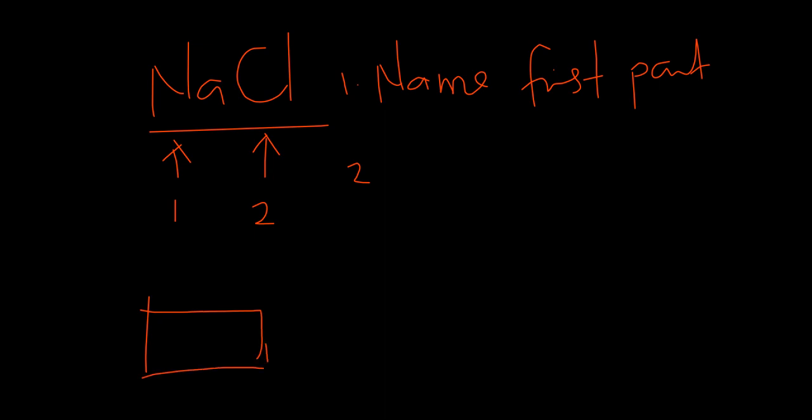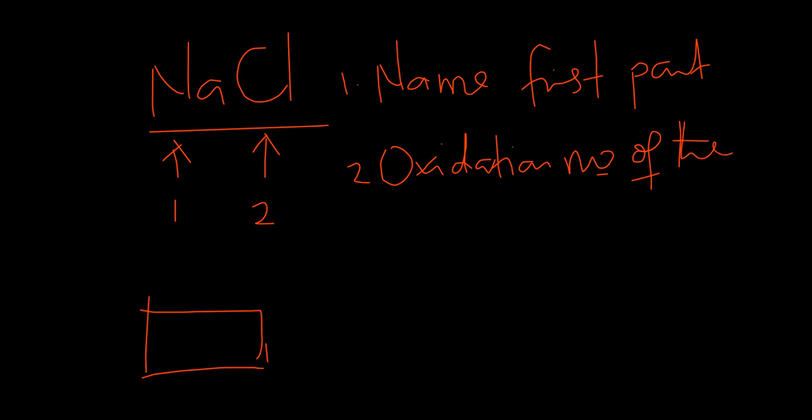Then the second thing you need to do is to write the oxidation number of the first part of the compound. You write it in parentheses.